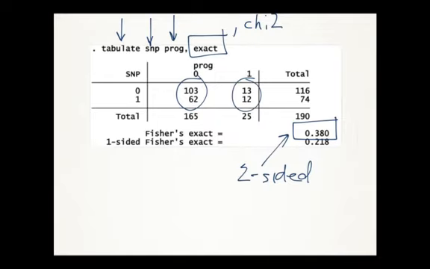If, however, we had a smaller sample, which is to say that these numbers were smaller, then we would note larger differences between our Fisher's exact test and the corresponding other tests.